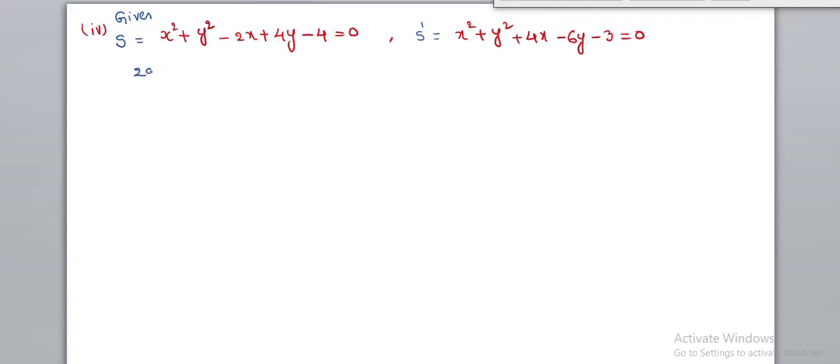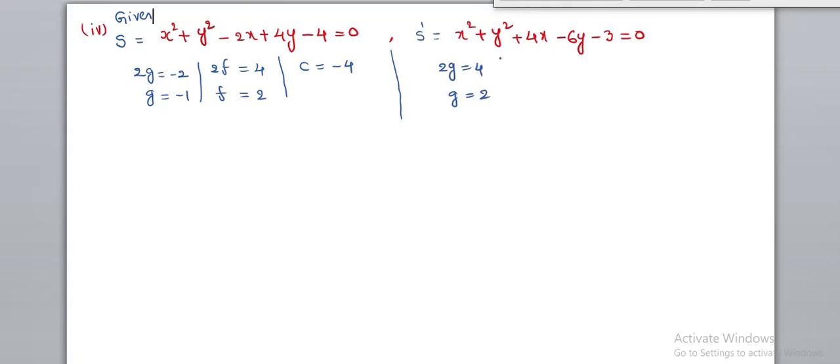So 2g equal to minus 2, g is equal to minus 1; 2f equal to 4, f equal to 2; c is equal to minus 4, the constant. For the second, 2g equal to 4, g is equal to 2; 2f equal to minus 6, f is equal to minus 3; and the constant term is minus 3.